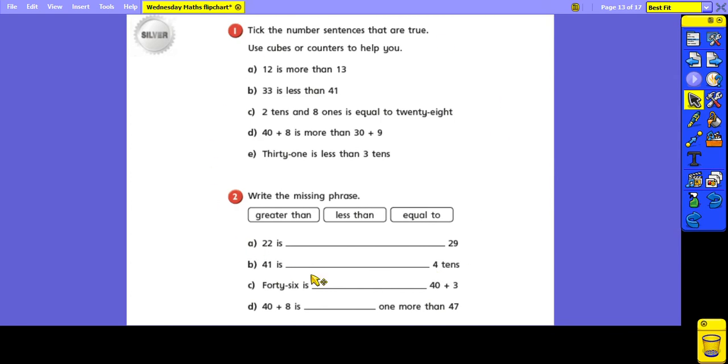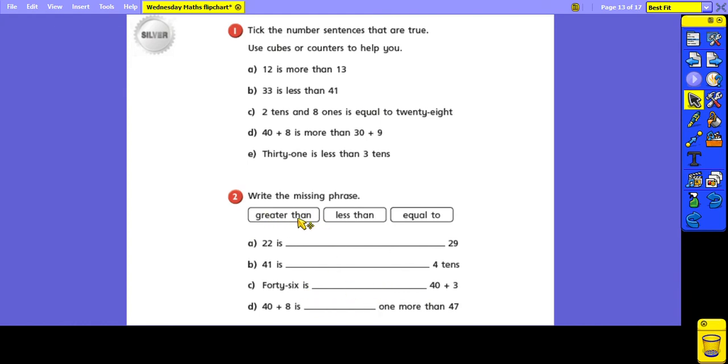Okay, so here are your silver questions for today. For question 1, you need to tick the number sentences that are true. So there are some different number sentences comparing numbers in different ways. You're ticking the ones that are true. And for question 2, you are writing the missing phrase in each sentence.